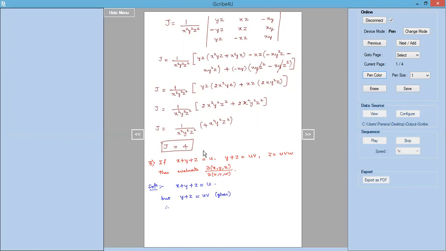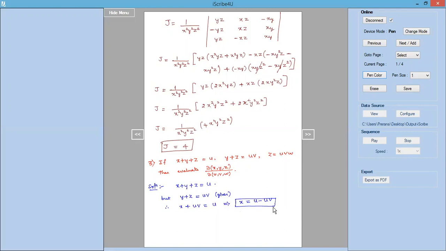So therefore, I can use y plus z in the previous expression as uv. And that gives us x is equal to u minus uv. So if you observe, we represented x in terms of uvw. Of course, w is not involved here, but still x is represented in terms of uv.